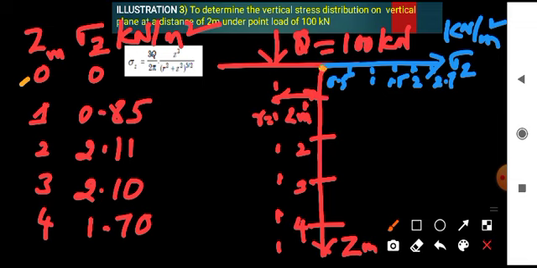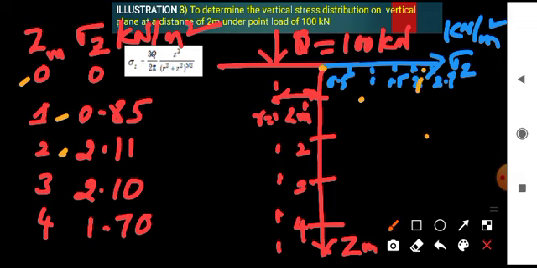Next, 1 meter depth 0.85, so 1 meter here, 0.85 somewhere here. Then 2 meter 2.11, so 2.11 maybe here.